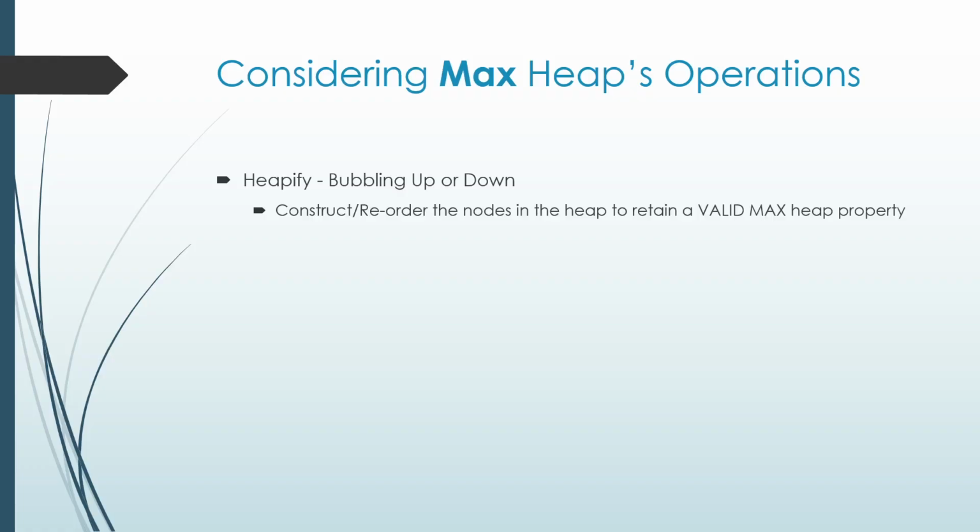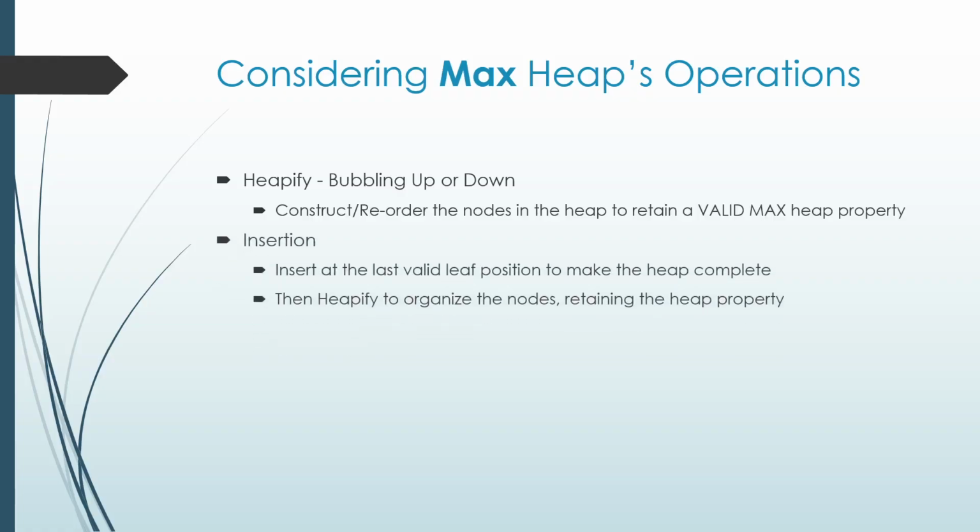And if we're building a minimum heap, we need to retain a valid minimum heap. So based on what you're building, you need to maintain this property. Minimum heap, minimum property. Maximum heap, maximum property. This is basically the idea of heapify. We're changing the position of the nodes in order to keep maintaining the property of the heap we're building.